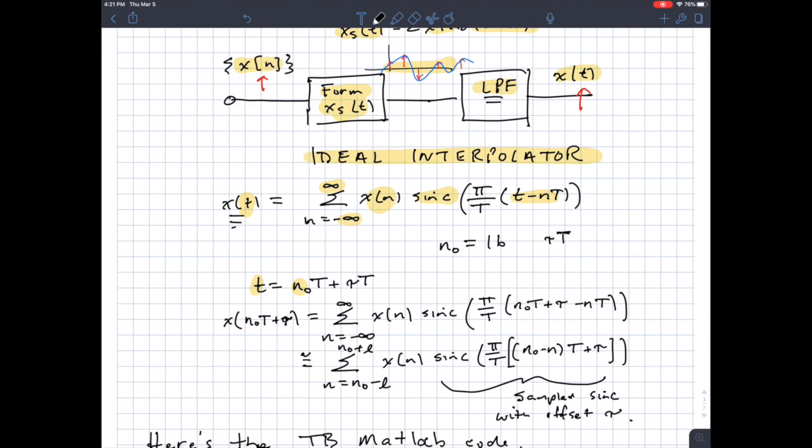So T is the sampling interval, so tau times T equal 0.5. That would be the fraction of a sample. And so I could do sample number 16.5 by letting n naught equal 16 and tau equal 0.5. By that I'm interpolating between samples. I'm getting sample 16.5 instead of sample 16.